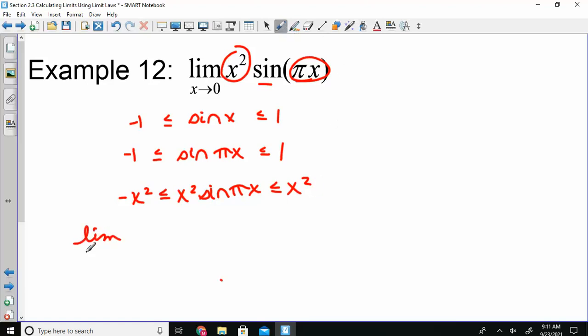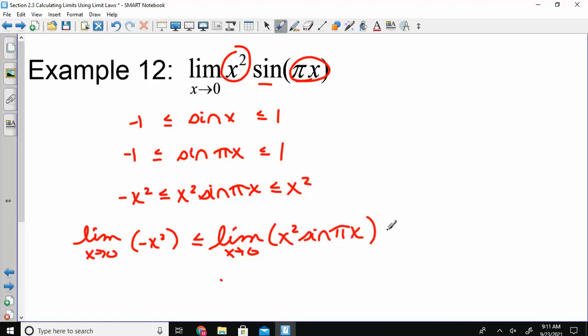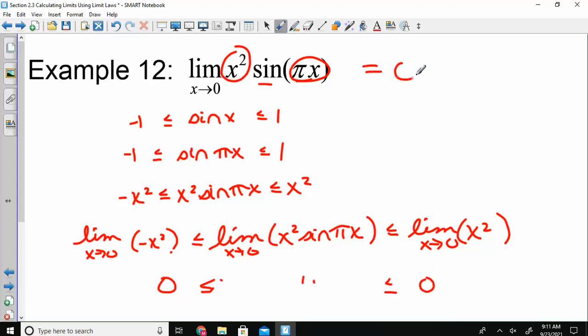So we have the limit as x approaches 0 of negative x squared. It's a lot of writing. So both of these go to 0. So this limit is 0.